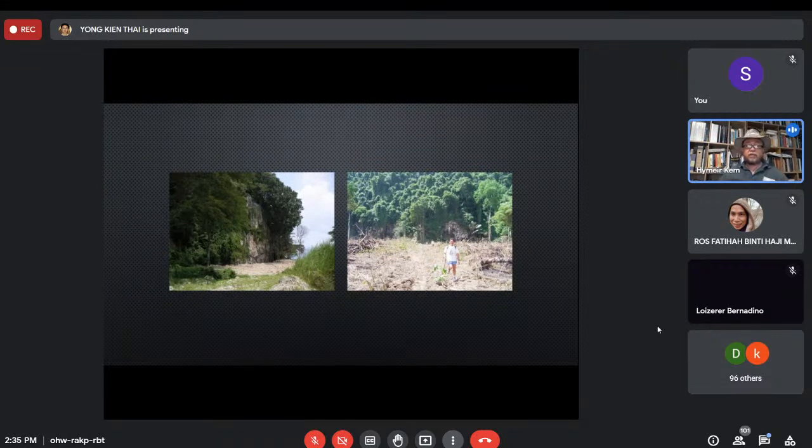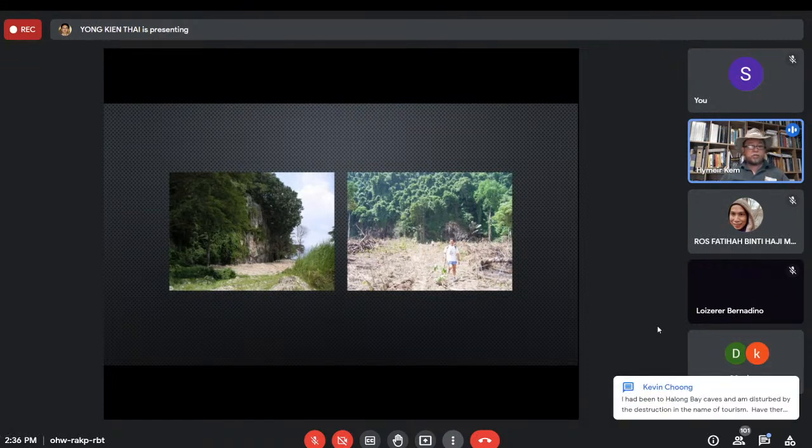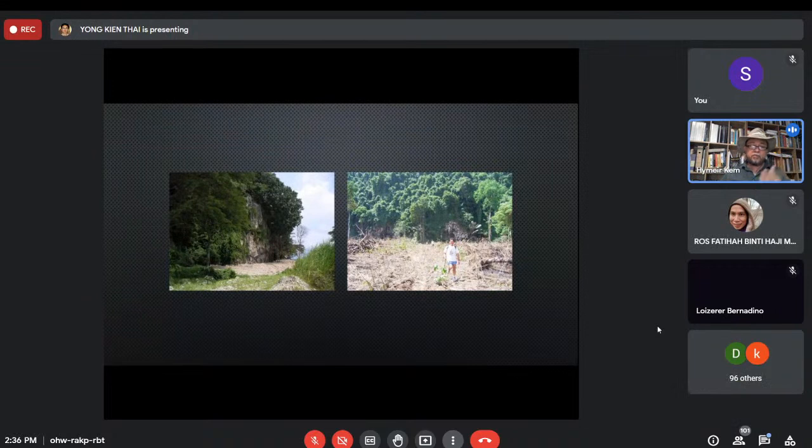Buffers around limestone hills are very, very important. There are a lot of limestone-related plants that live in the buffer zone area at the bottom of the hill. So we should keep the buffer, and the other thing is to keep development away from the bottom of the hill.